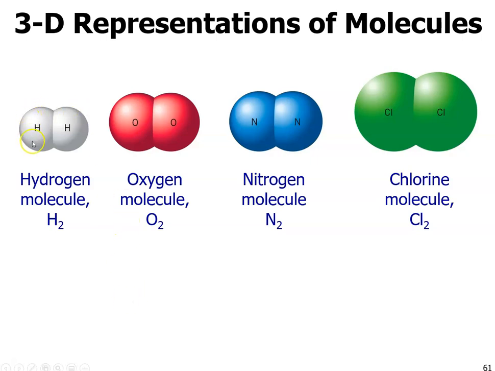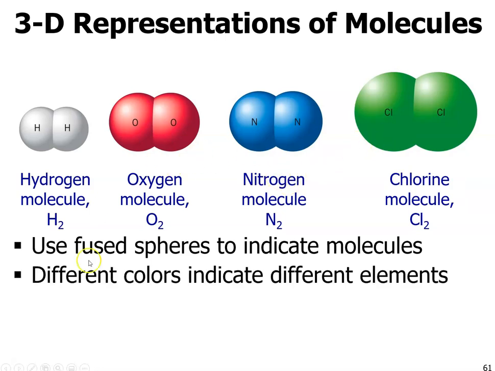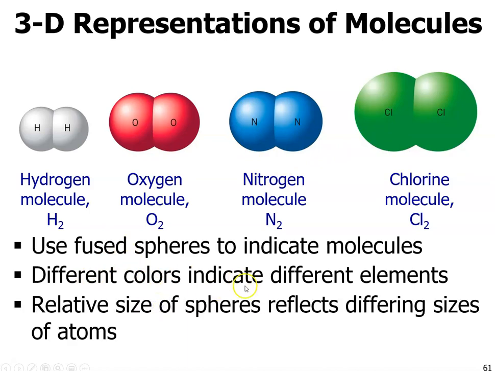This is a demonstration that these electrons are being shared by both of the different groups in the nucleus here. And so the same with the oxygen, nitrogen, and chlorine here. So that fusion indicates we have what we call a covalent molecule, or a molecule is fine for right now. And then the different colors, of course, we mentioned already, indicate different elements. And then the size of the spheres reflects the different sizes of the different atoms.